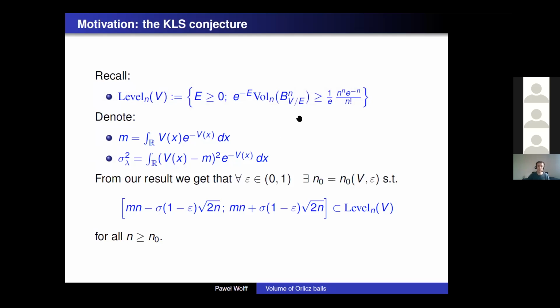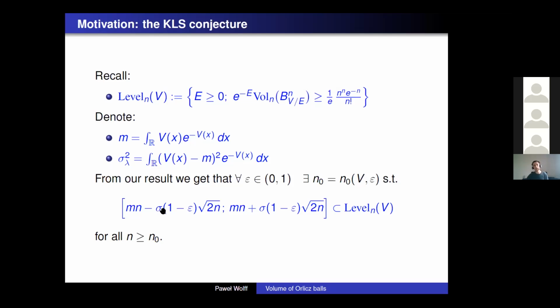And from our results, we can actually get some more explicit information about the levels for which the Orlicz ball generated by V and rescaled properly satisfies the KLS conjecture. I mean the sequence of Orlicz balls.